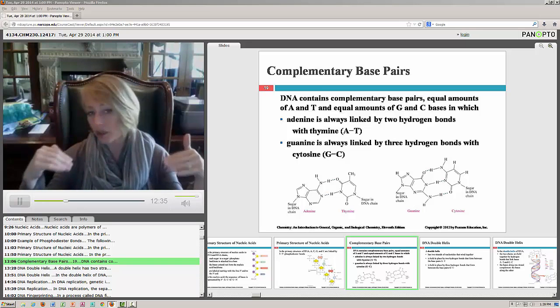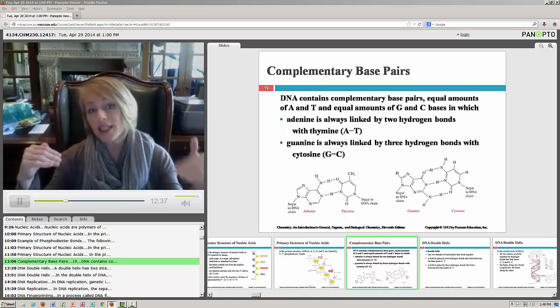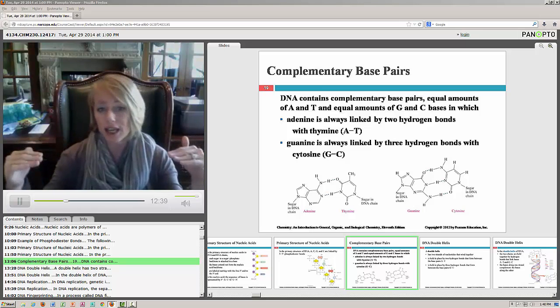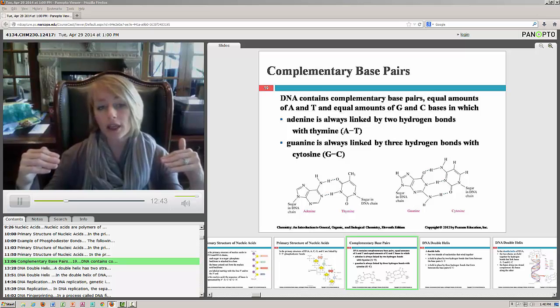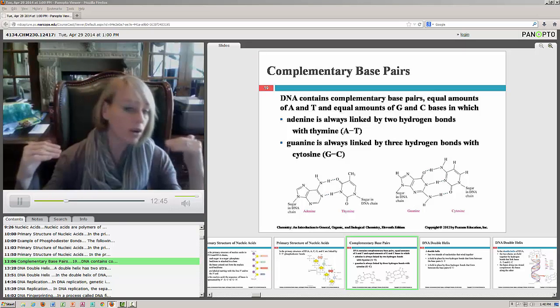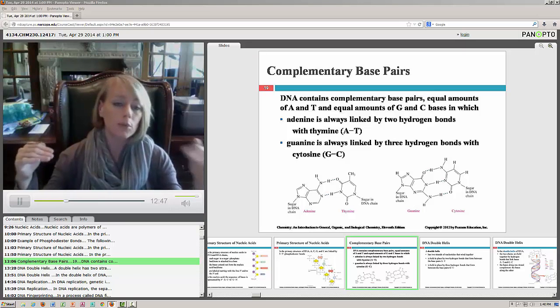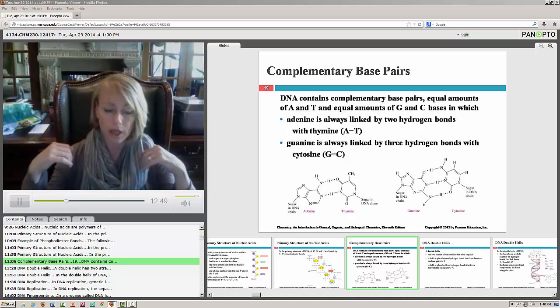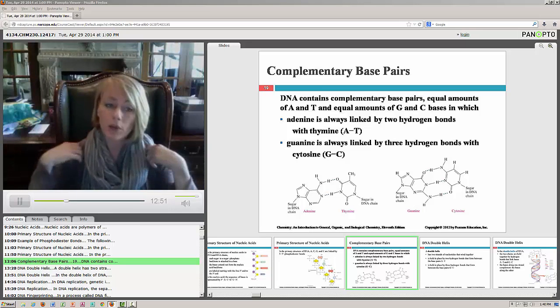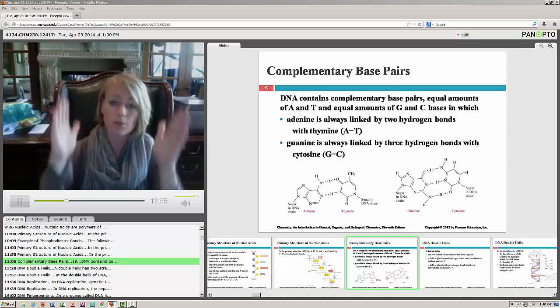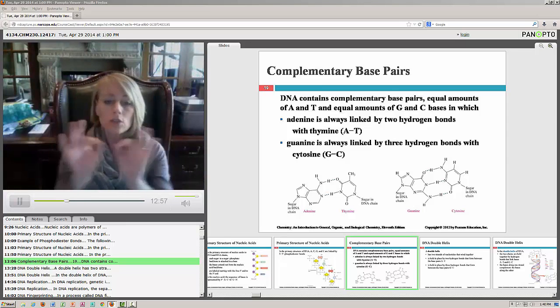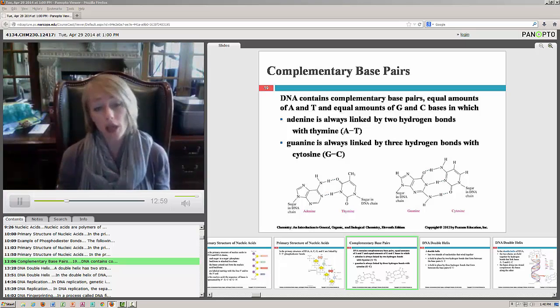Depending on if we're in DNA to DNA, it will be an A to T attachment between the hydrogen bonding. But if we are in DNA to RNA or RNA to RNA, then it will be an A to U attachment. Okay, but guanine and cytosine will also have a hydrogen bond attachment between the two strands. So those are not covalent bonds, but hydrogen bonds between the strands.